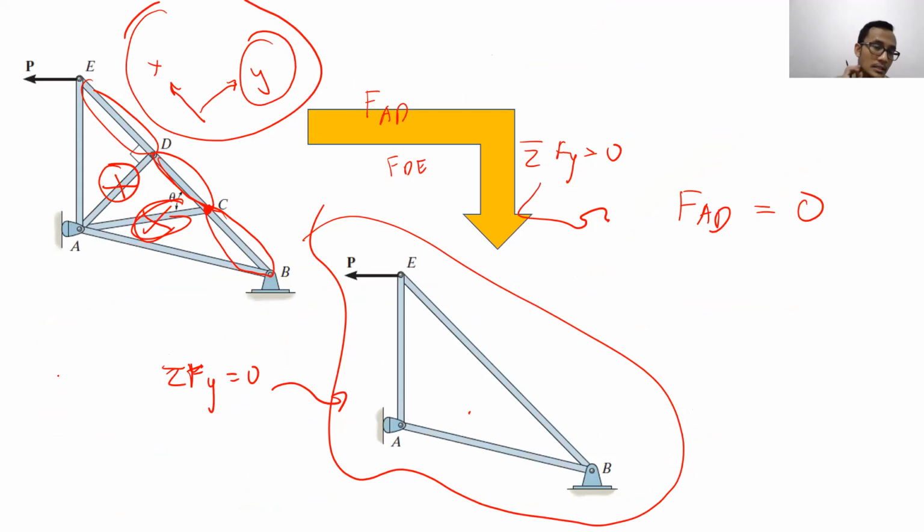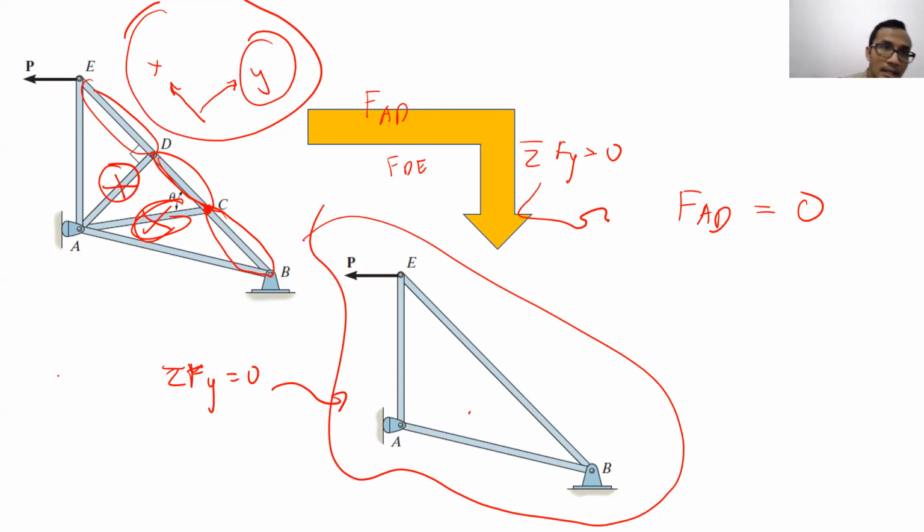And the second condition where a member becomes a zero force member is if you have two collinear members, and there is a third member which is non-collinear to those two. The third member will become a zero force member if there is no external load at that particular joint.